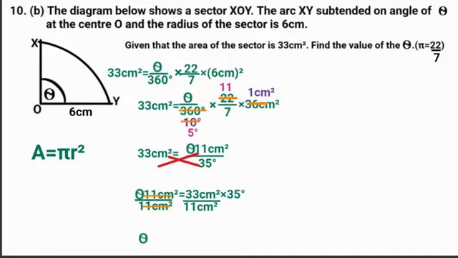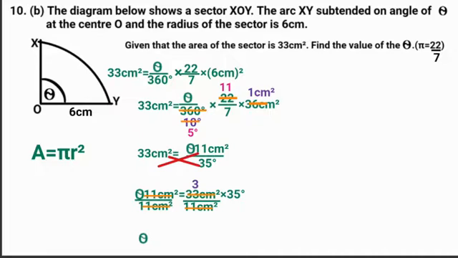Here again, you need to identify the reason I did not multiply 33 by 35 yet: I knew that 11 centimeter squared and 33 centimeter squared have a common factor, which is 11 itself. So 11 divided by 11 will be 1, and 33 divided by 11 is going to be 3.